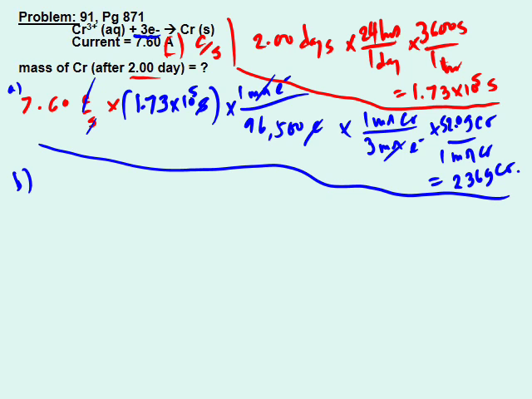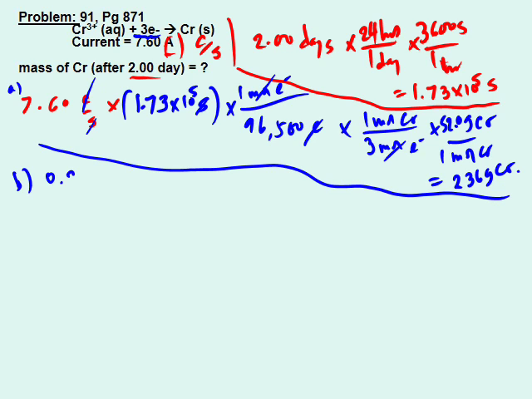In part B, 91B, the question is what amperage is required, or how much electricity is required to plate out 0.250 mole of chromium. So let's write down what they want.